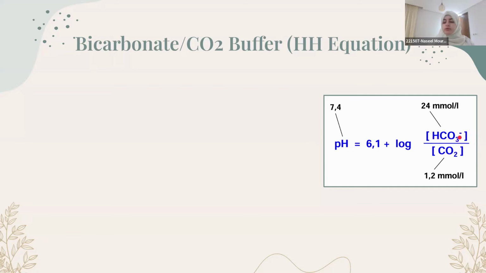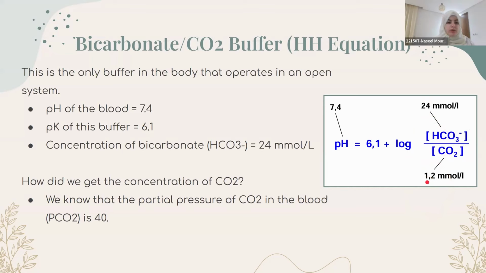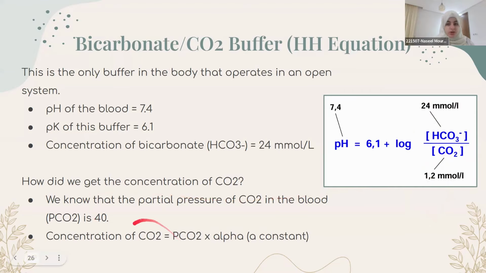Now, we know from labs that the normal value of bicarbonate is 24. And we know that the PCO2, which is the partial pressure of carbon dioxide in the blood, is 40. So where did we get this 1.2? Well, we got it from a formula. You don't need to memorize it, but it says that the concentration of CO2 equals the PCO2, which is 40, times a constant.